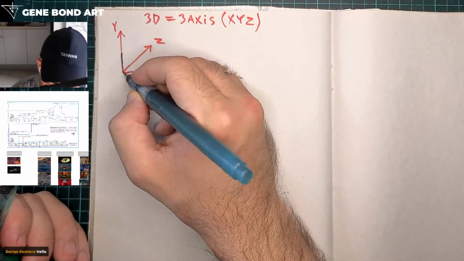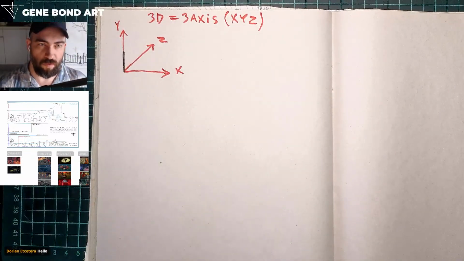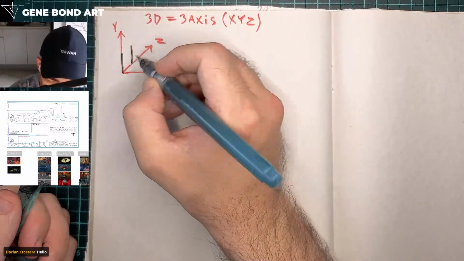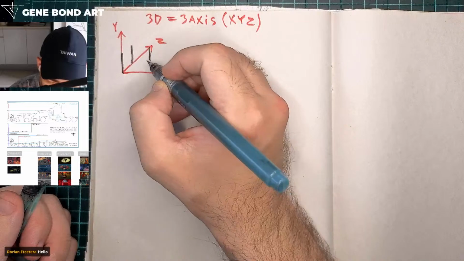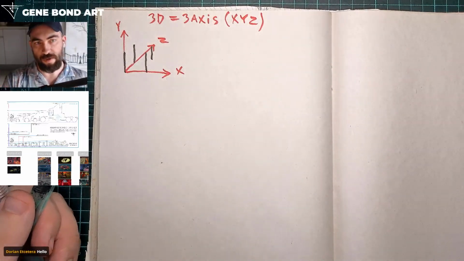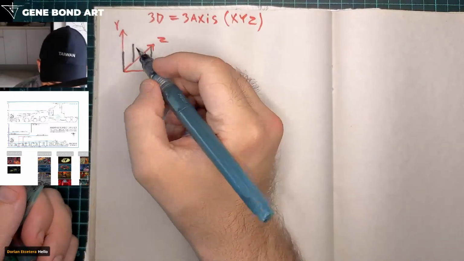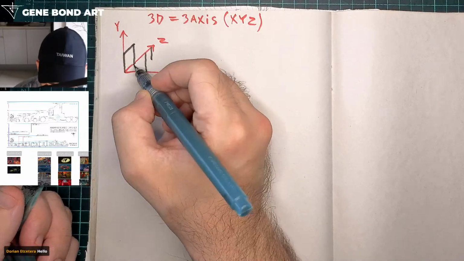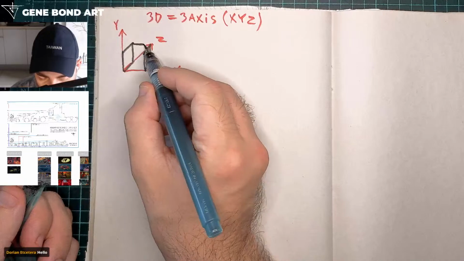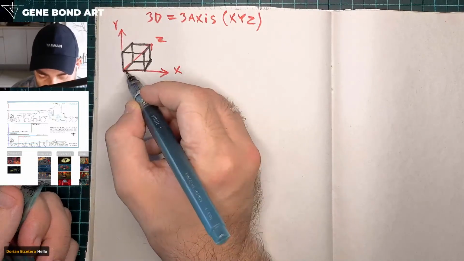This object will have a box structure, box logic, which means it will have 4 edges aligned with the y-axis, 4 edges aligned with the z-axis, and 4 edges aligned with the x-axis.